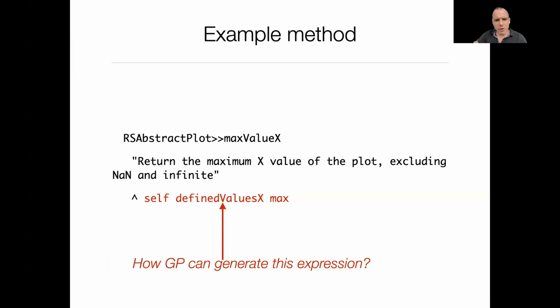So the methodology is the following. Just to give a brief overview: if we take one application, and each pixel of that picture here is one character of that application, then in the middle of it we have our expression self definedValuesX max.